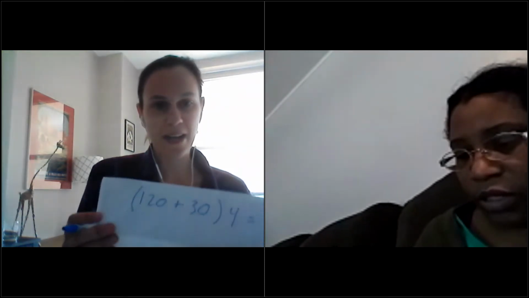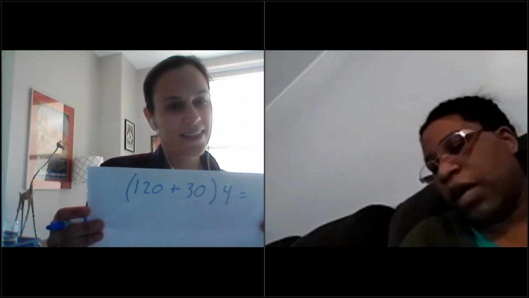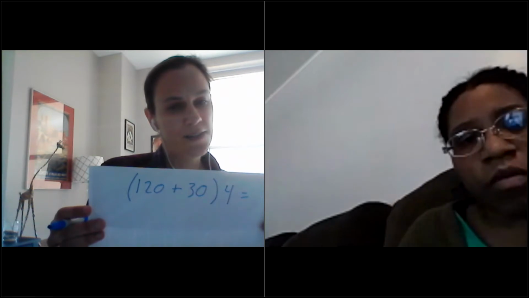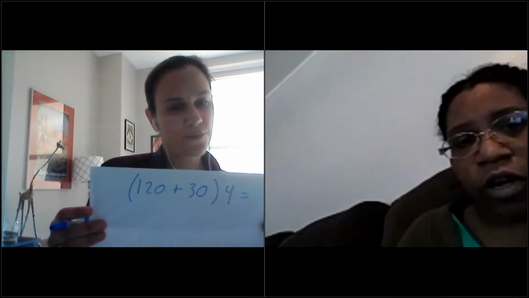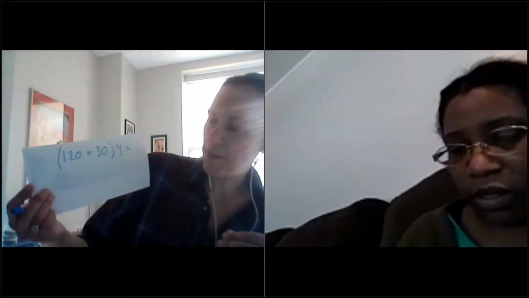You got it. It's 120 plus 30 in parentheses, times 4. Okay. So this is what my equation looks like. Okay, I think I'm backwards.